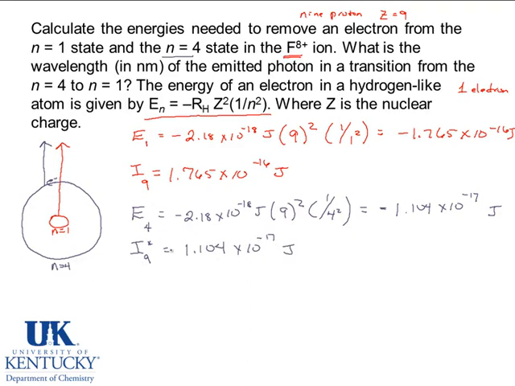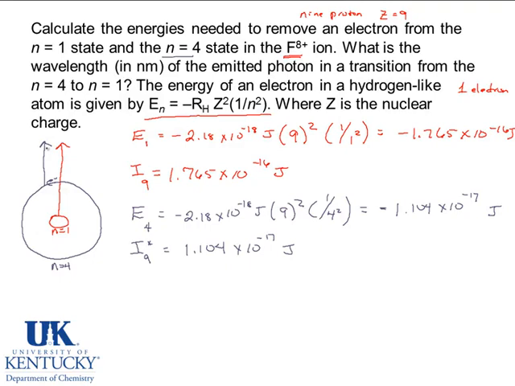It's a positive value to remove it. It's how much energy it takes to get it disconnected from the atom. So now in red, I know how much energy it takes to remove this electron. In purple, I know how much energy it takes to remove the electron from here.